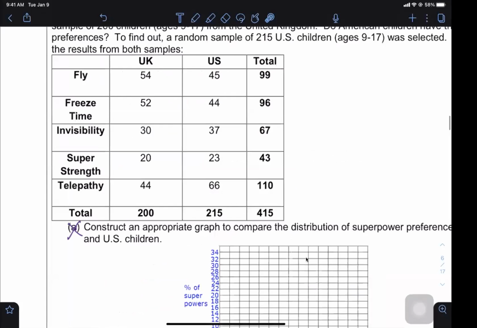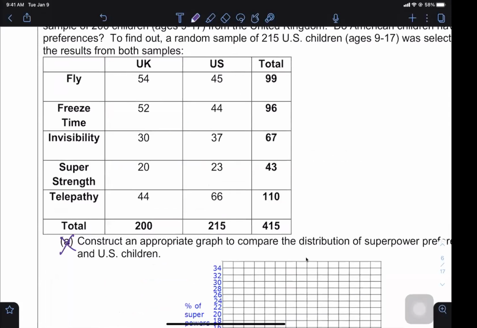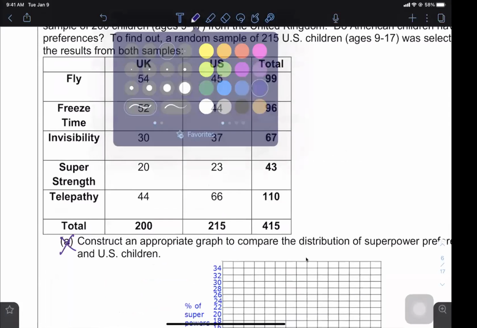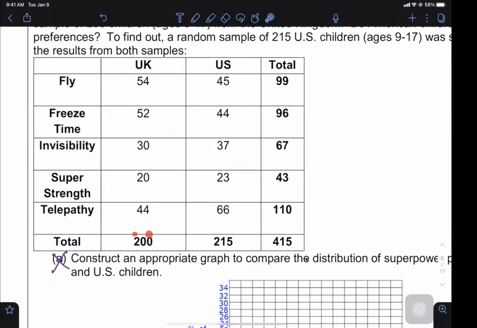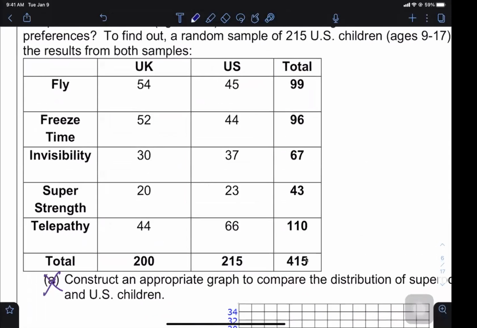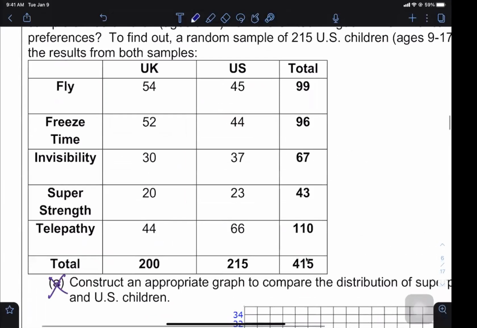So how to calculate expected counts in a matrix setting is by multiplying the column total by the row total and dividing by the total. So for the first cell, the column total is 200 times the row total, 99, over the total, 450, which is 47.7.